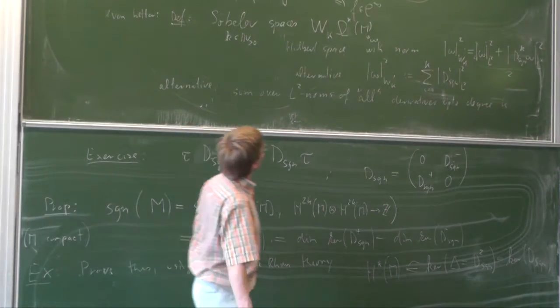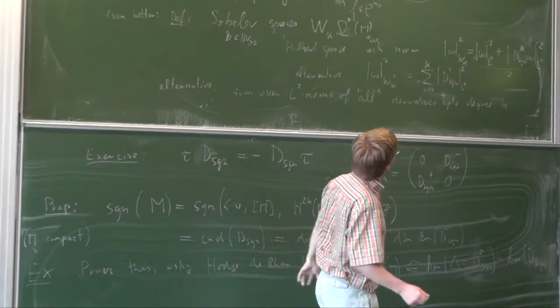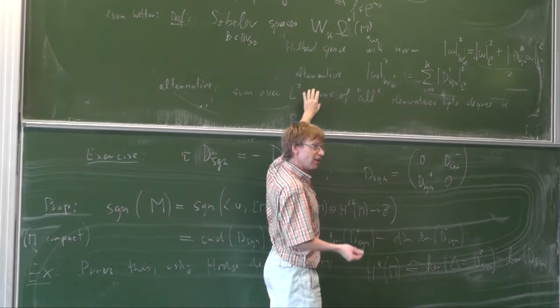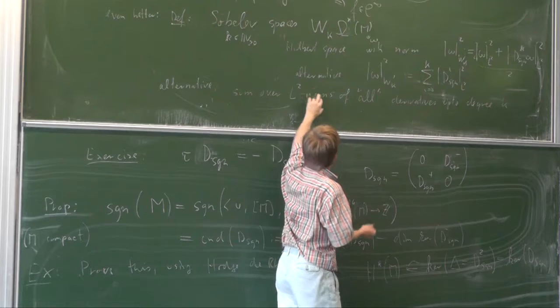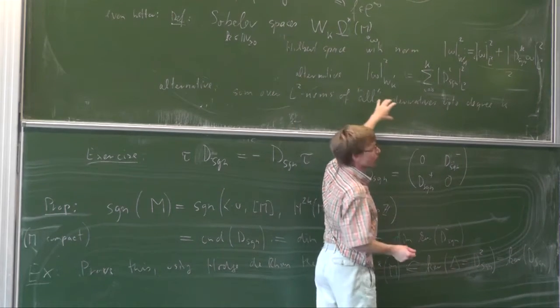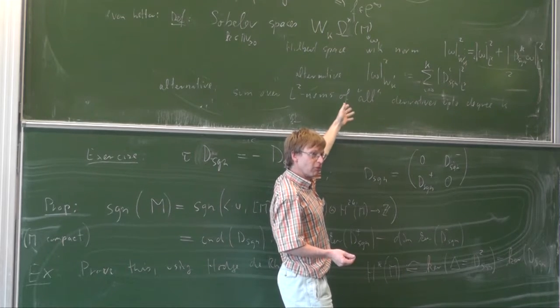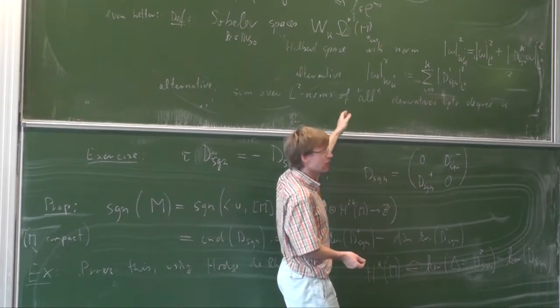But you see, the higher k is, the more differentiability is built in. Because you clearly have all derivatives up to order k available just by completing with the Sobolev norm, which allows you to take these derivatives.